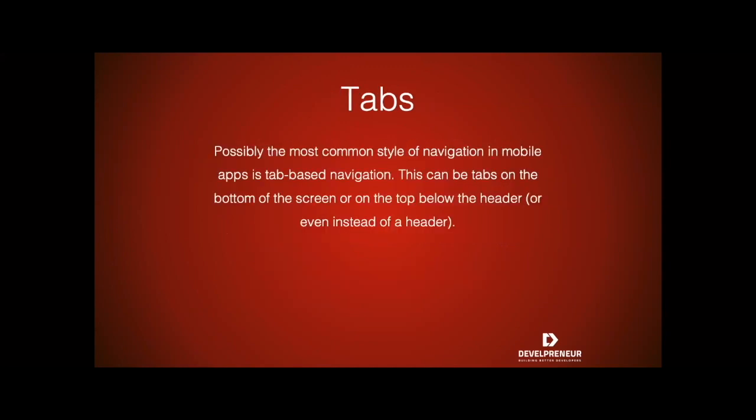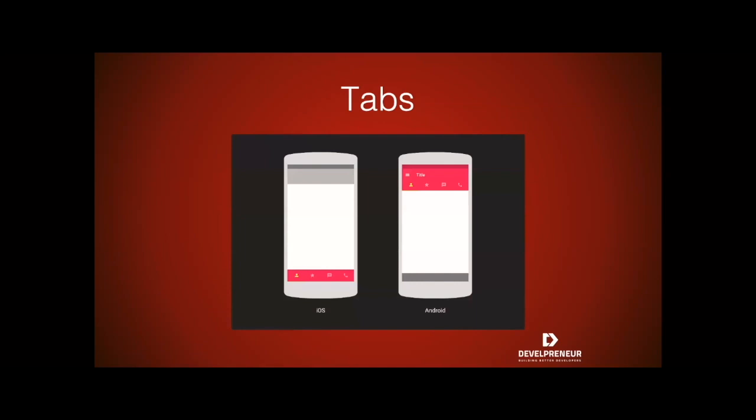So today we're getting into tabs. And as the definition on React Native, it's possibly the most common style of navigation in mobile apps is tabbed navigation. Now, tabs can be on the bottom of the screen or they can be on the top of the screen. However, this is kind of dependent upon the type of device you're using.